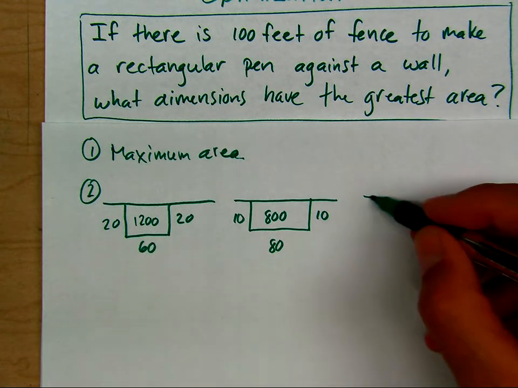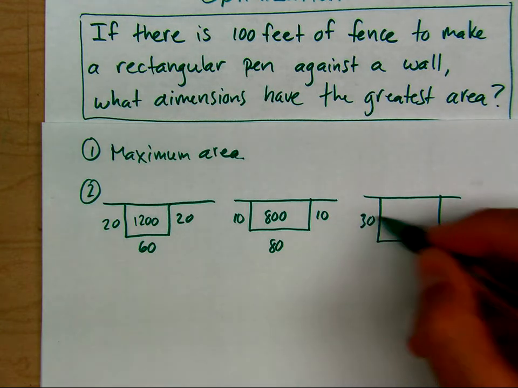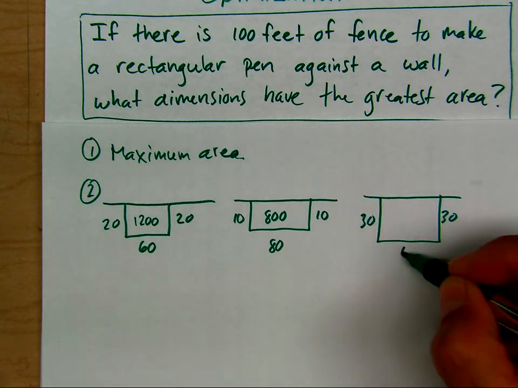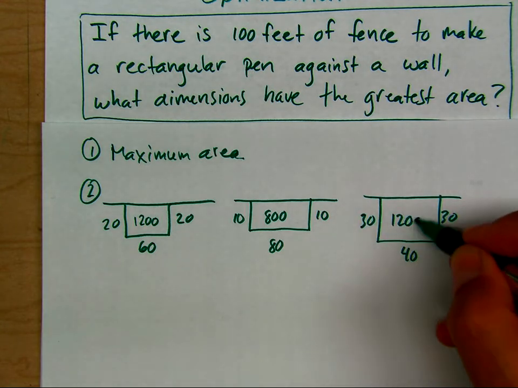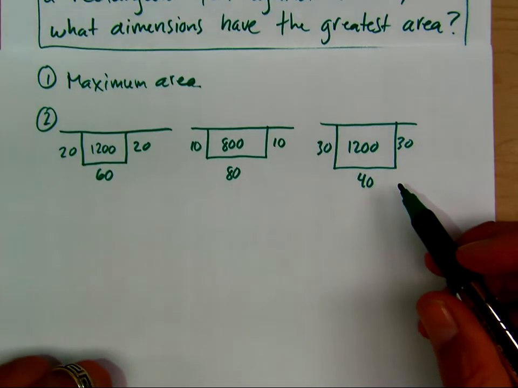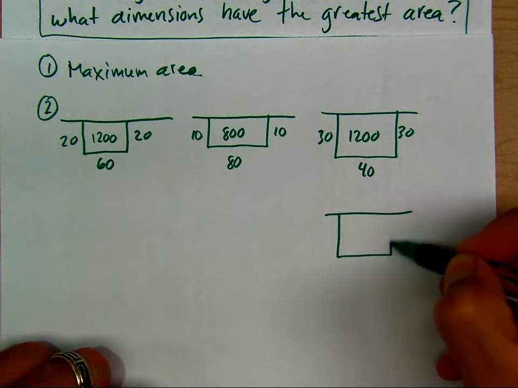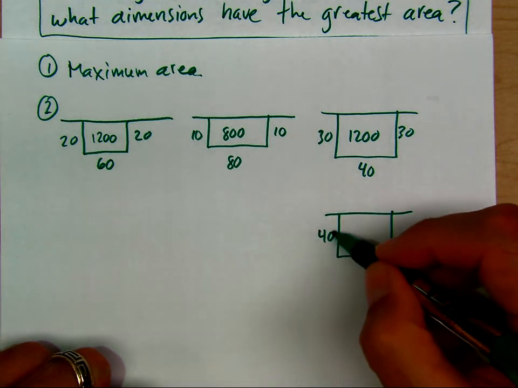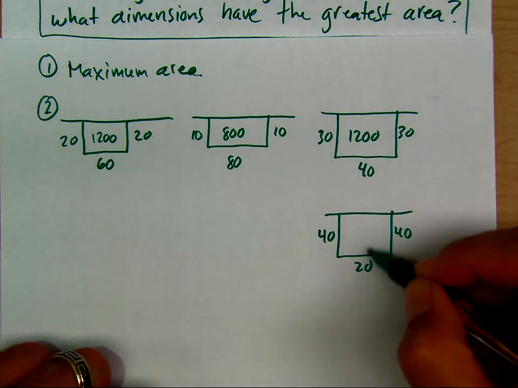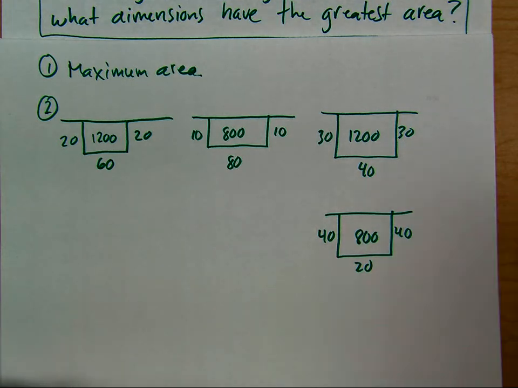Let's guess again. We have 30, 30, and 40. We have 1,200, but there's another way to get an area of 1,200. And try one more. Here we have 40, 40, 20. We'll go back down to 800 for the area.